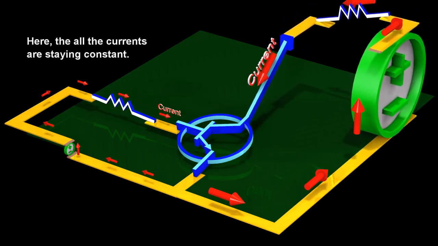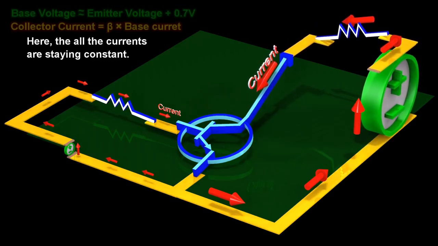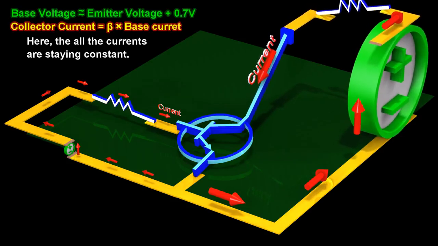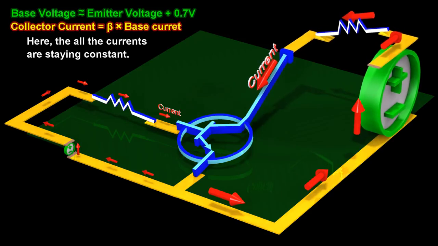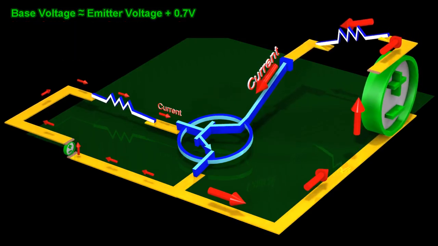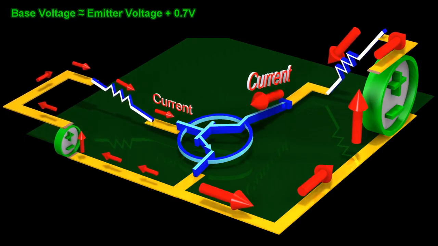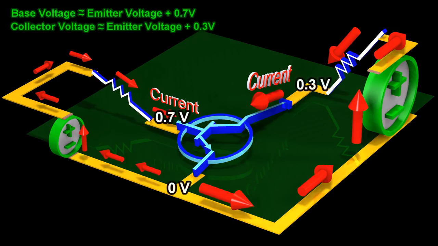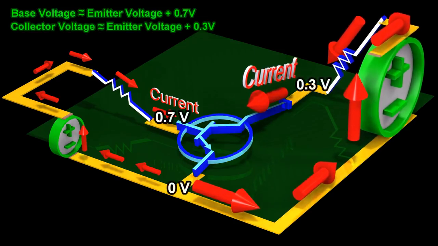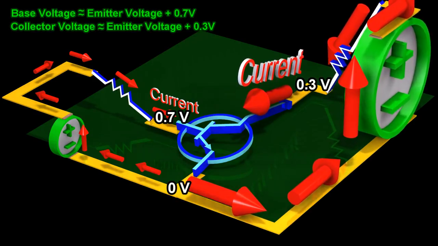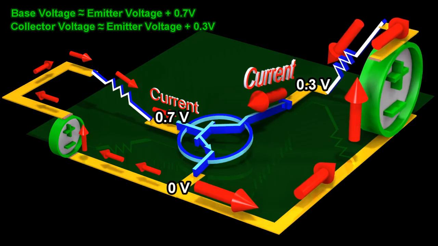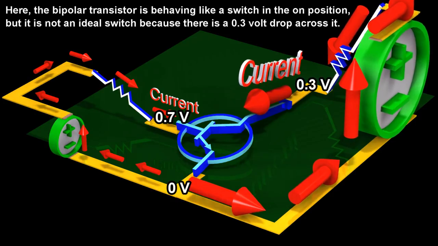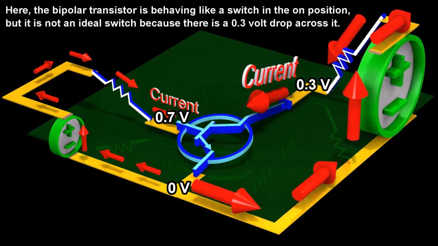Here, all the currents are staying constant. Here, the bipolar transistor is behaving like a switch in the on position.